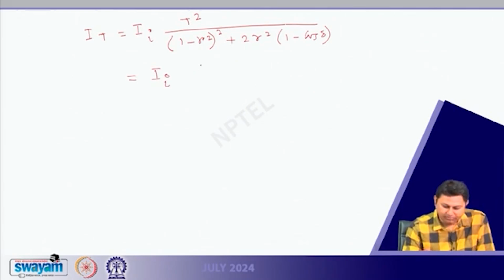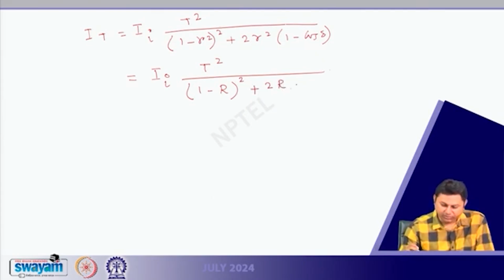So, this will be T square, this will be 1 minus R square of that, then plus 2R times (1 minus cos delta), we write 2 sin square delta by 2.